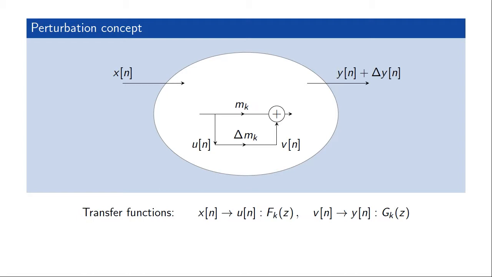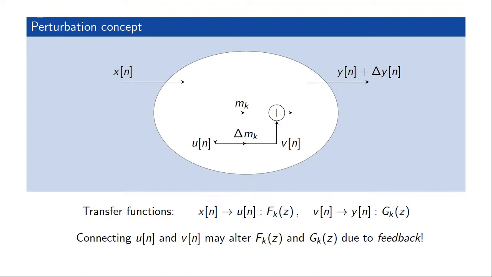Now there is one problem with this argument, and that is that if we were in fact to connect u[n] and v[n], we may actually alter the transfer function from this point to that point and from this point to that point. The reason for that is that typically these multiplications don't exist in isolation. Typically the circuit itself will have some feedback from the output to the input.